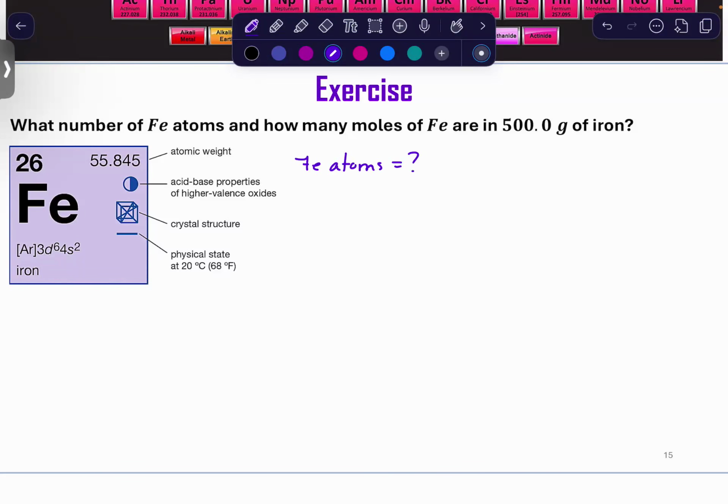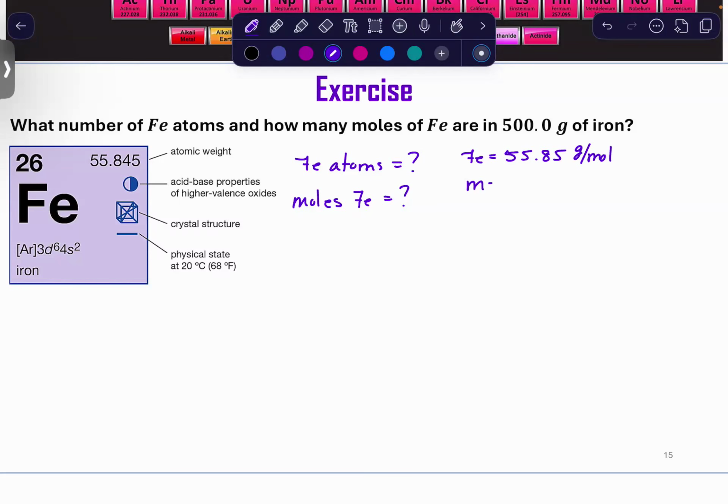So iron atoms is how many? Moles of iron is what? Well, okay, so I'm going to go to the periodic table. What are the things I know? Iron is 55.85 grams per mole.